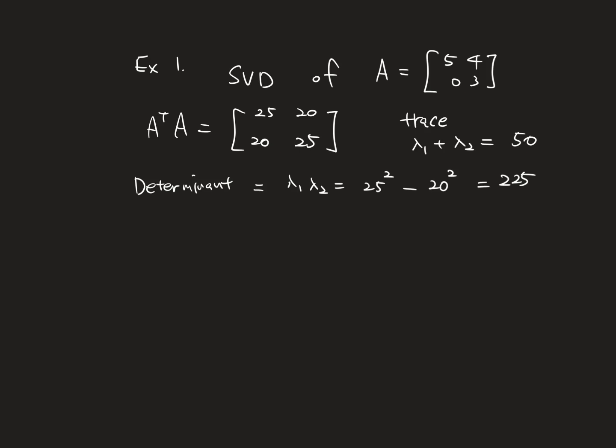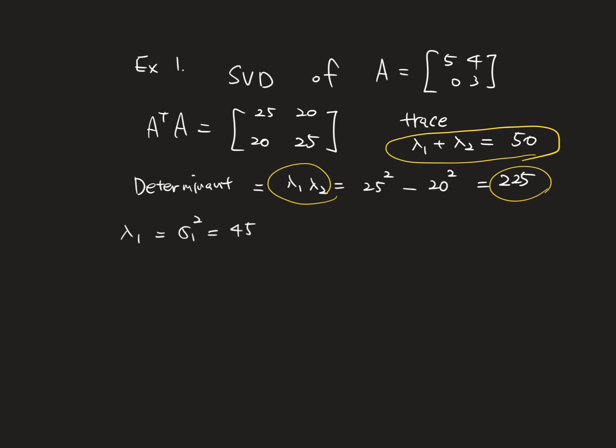And so using this, because lambda 1 times lambda 2 is equal to 225, and lambda 1 plus lambda 2 is 50, we can find lambda 1, which is sigma 1 squared, is 45, and the eigenvector for A transpose A, which is 1 over square root 2, 1, 1.